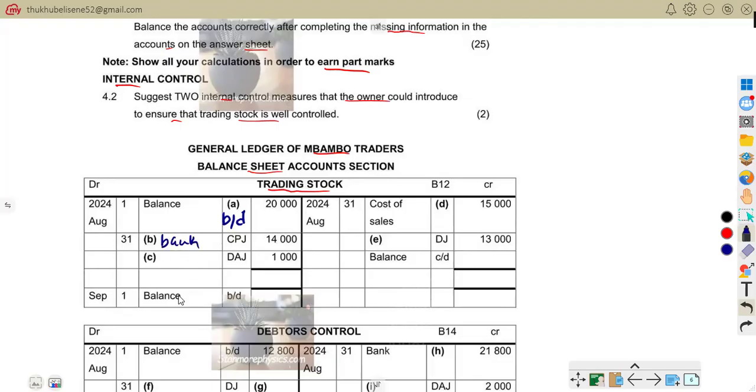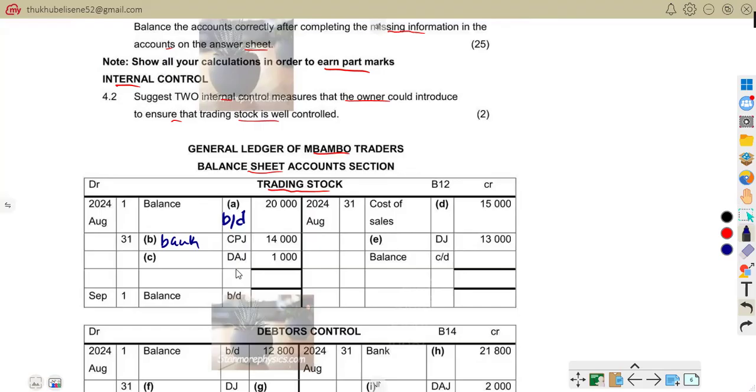This is what is missing. Even though it's recorded in the cash payment journal, the double entry affects the bank or creditors. So in this format, we are going to label it as a bank to show the financial source. So this is bank. So hope we are together on that.